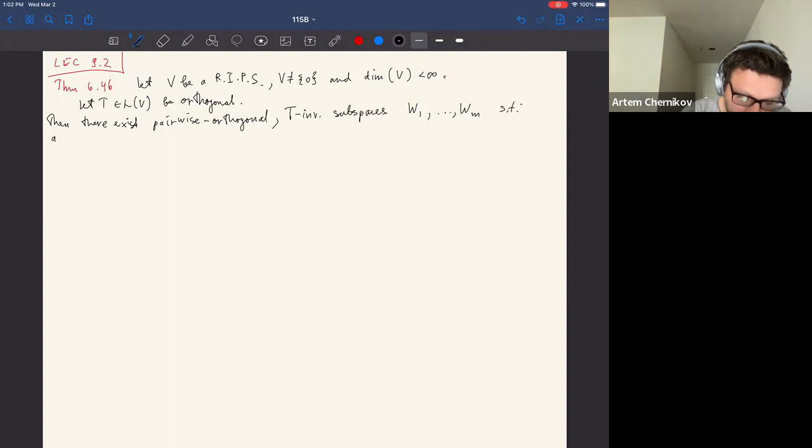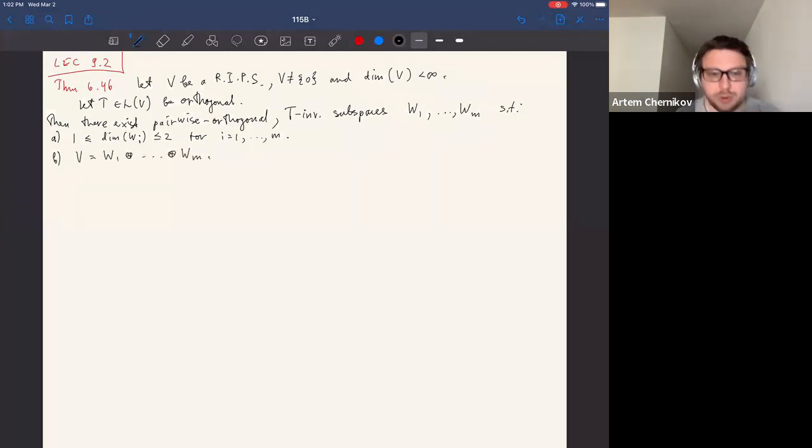First, the dimension of each of these spaces Wi is between 1 and 2, and this holds for all i from 1 to m. And B, the whole space V can be written as a direct sum of the W's, the direct sum of W1 through Wm.